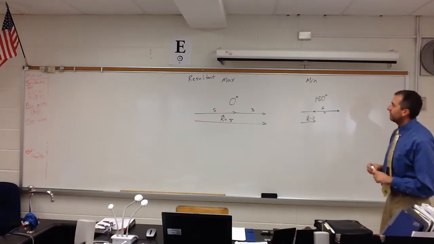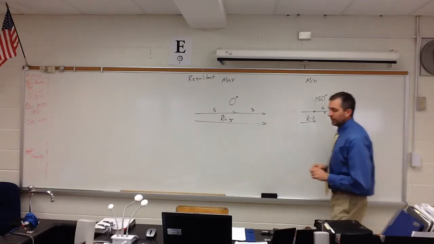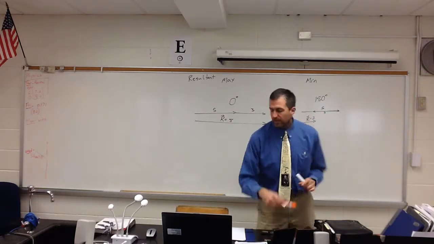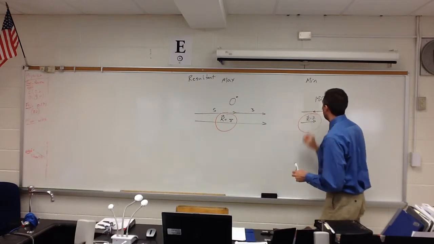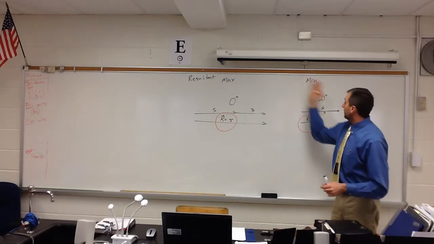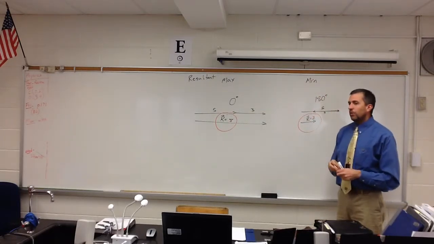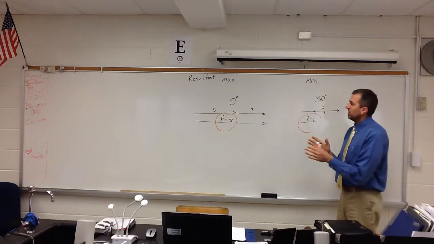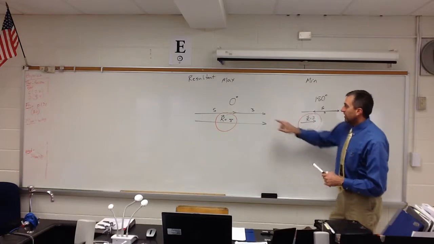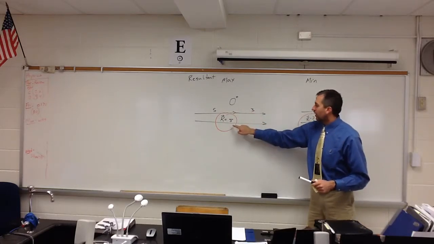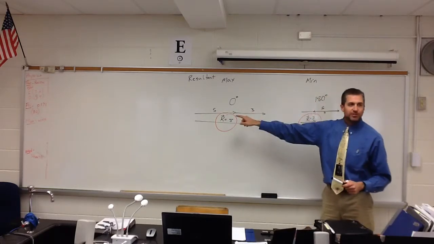All right, that's fine. Well, here's the next little thing that a lot of people don't catch. If you take this resultant and this resultant, those are your maxes and your mins. Do you know that if you take any vectors and add them in any combination, a 5 and a 3 will have to give you an answer between a 2 and an 8?